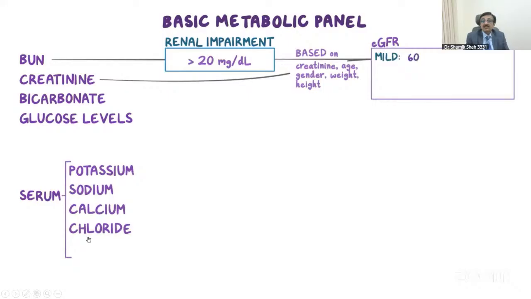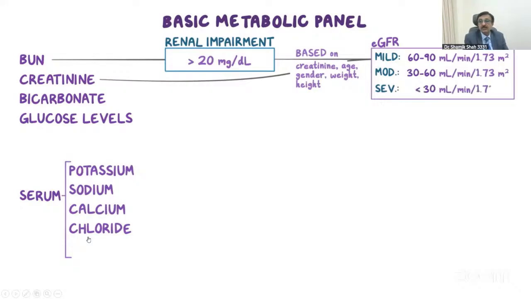When the GFR is between 60 and 90, we say that the patient has mild impairment. When the GFR is between 30 and 60, we say that the patient has moderate impairment. And when the GFR is below 30 ml per minute, so CKD stage 4 or 5, this is severe impairment.